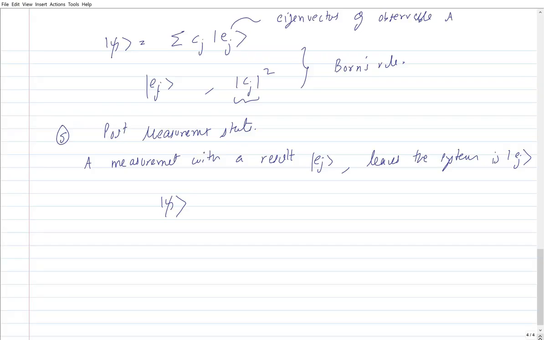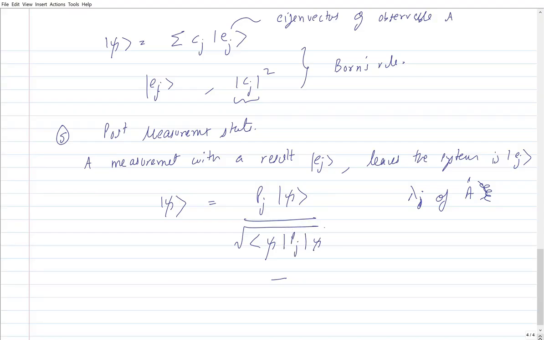So when I measure an observable, this is the number I'm going to record on the screen, which is going to be the eigenvalue of that observable, and the state of the system would collapse into the eigenvector corresponding to that particular eigenvalue. So this is going to be the state of the system upon getting the eigenvalue lambda j of A. I'm just normalizing it.